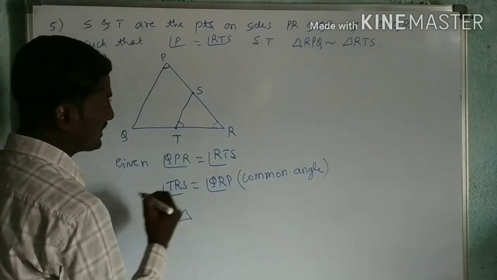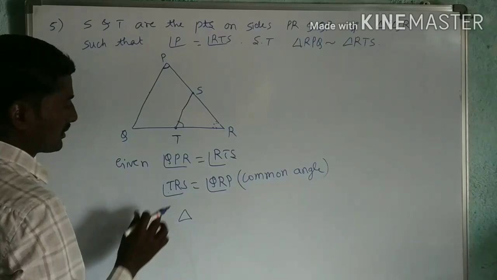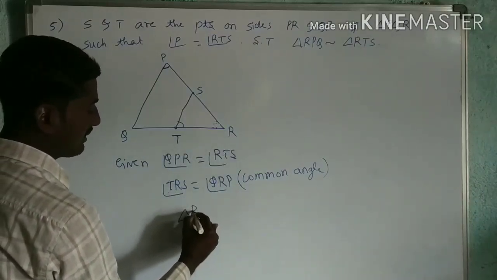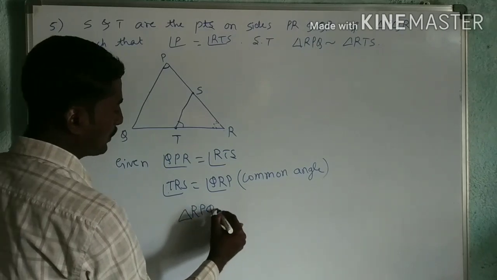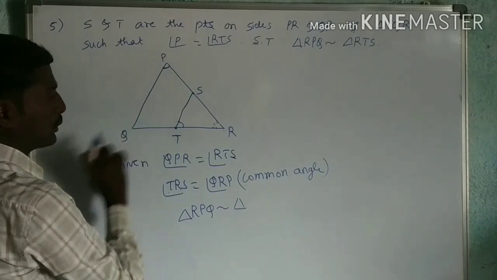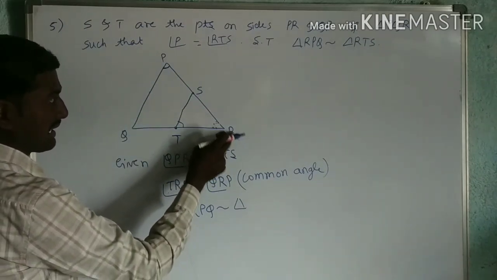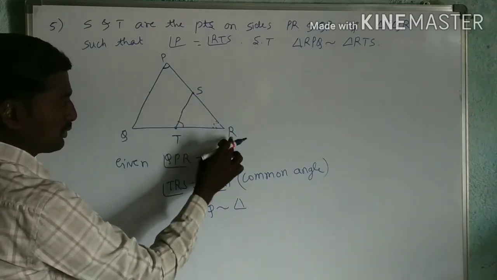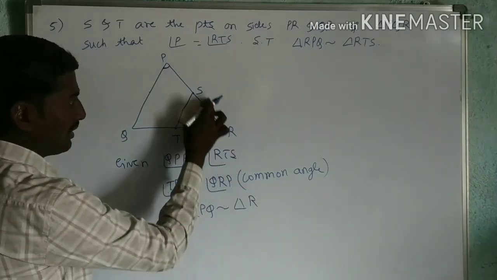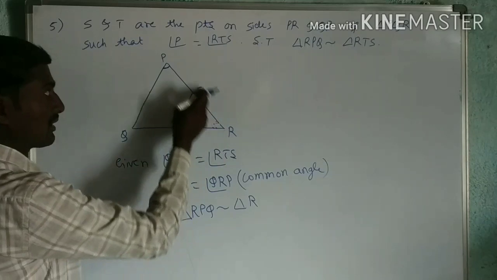Which triangles are those? Triangle RPQ is similar to triangle RTS. I have to take R first, because angle R of this triangle is equal to angle R of this triangle.